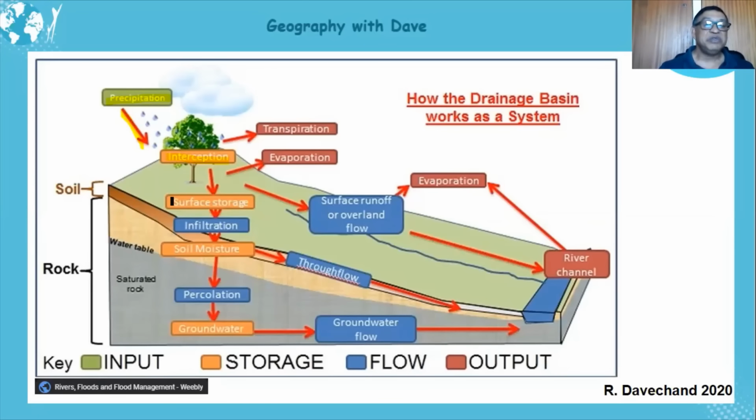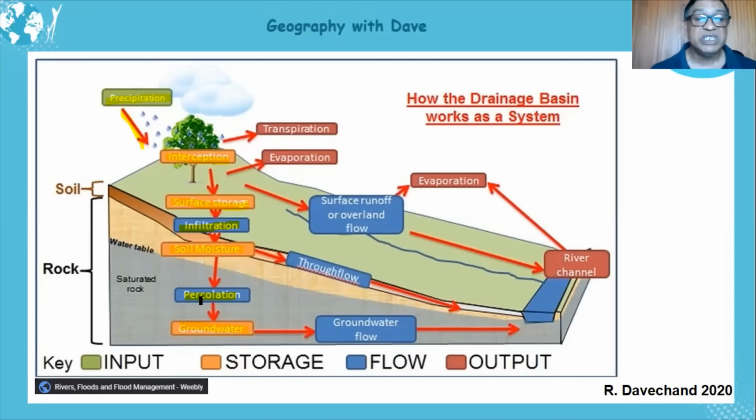Then you start getting surface storage where you get infiltration. And as it infiltrates, you will get the soil moisture that will be found in the soil. Your percolation will occur. Then you have groundwater where it will flow. Can you see? Into the ground, because it's going into the surface.